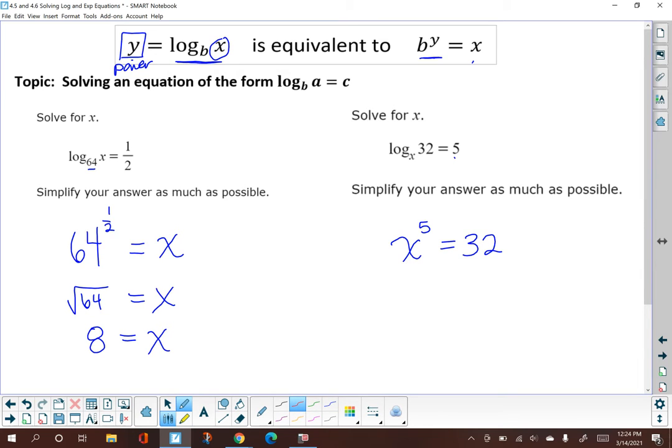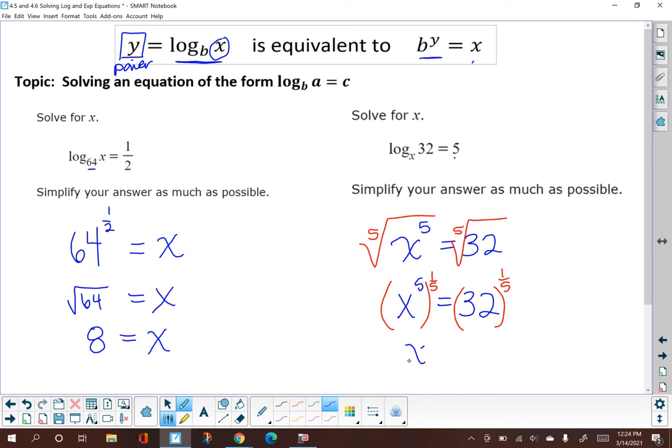There's several ways you could solve this. To undo a power of 5, you might remember that you can use a root. So you could do the 5th root of both sides of your equation. Or, if you don't remember that the way to undo a 5th power is a 5th root, you could also think of it as raising both sides to the 1/5 power. That would leave the x with a power of 1 here.